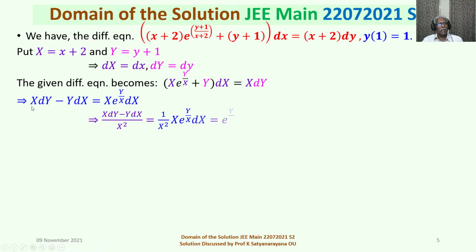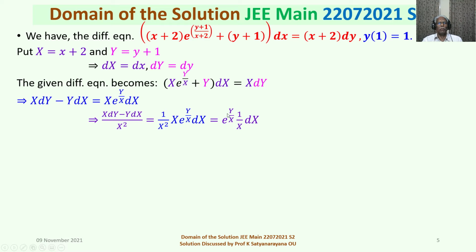So that is (X dY minus Y dX) by X squared is equal to 1 by X squared into the right hand side, X e^(Y/X) dX. And this X cancels and we are left with e^(Y/X) into 1 by X dX. Now we see the left side is the perfect differential of Y by X.